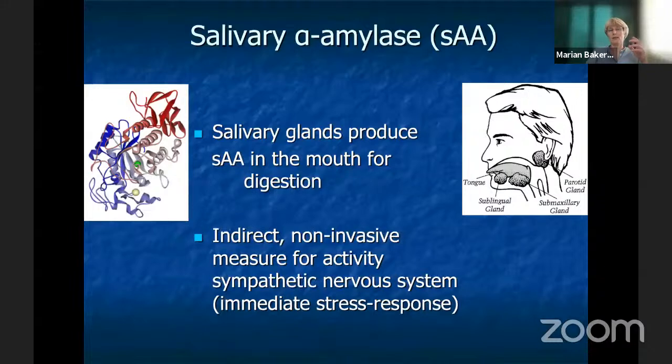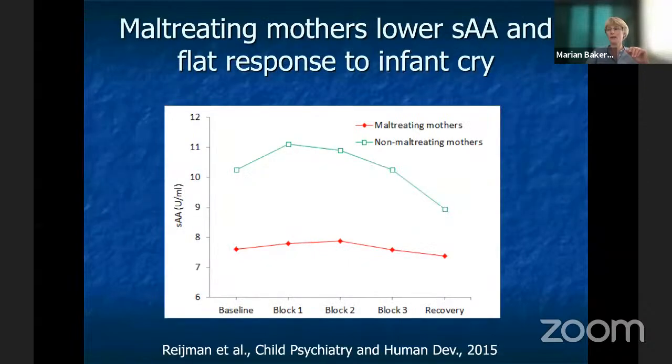That's in fact an indirect non-invasive measure for activity of the sympathetic nervous system, the immediate stress response. It is comparable to cortisol, the more well-known stress hormone, but it reacts more directly. A cortisol response is visible only after 20 to 25 minutes. Alpha amylase, you can measure immediately any effects of stress.